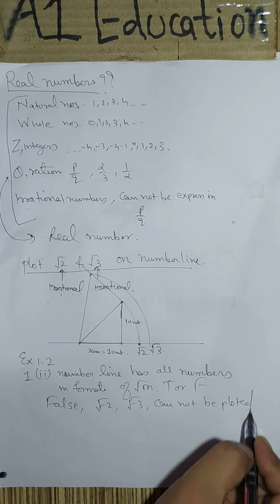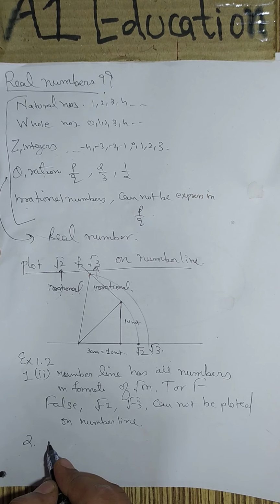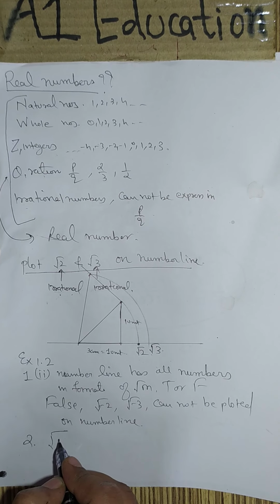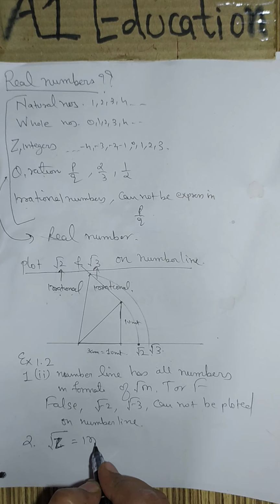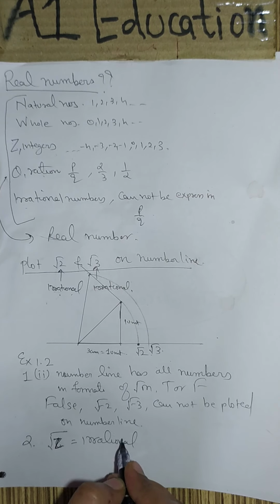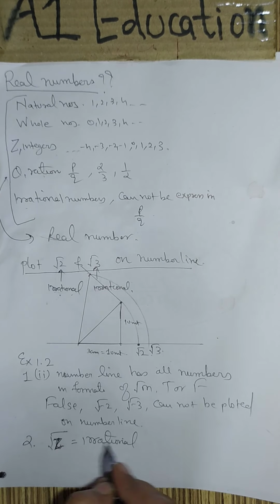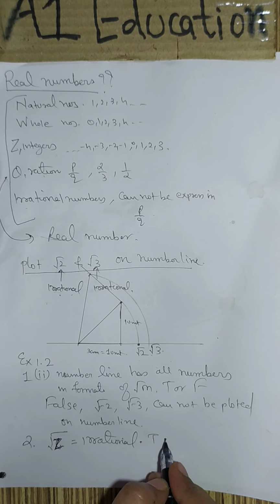Then the second question of the same exercise: are the square roots of all positive integers irrational? So integers we represent by Z. Will the square root of all the integers give us irrational numbers? True or false?